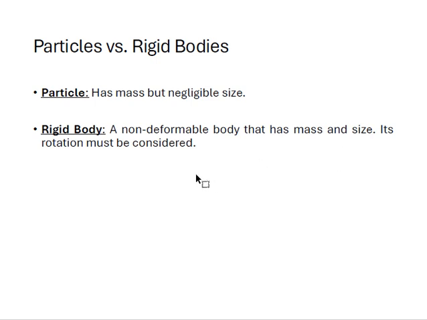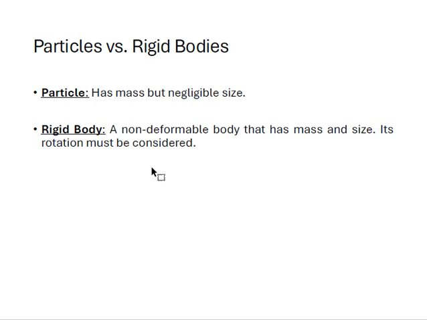And we always think about how this rigid body is going to rotate when it moves. So these are the foundations, the basic concepts in dynamics, where we break down what we have in this world and in this universe, as far as we are able to understand.